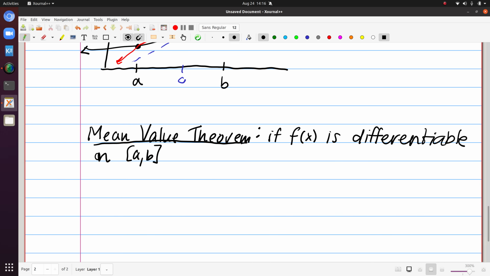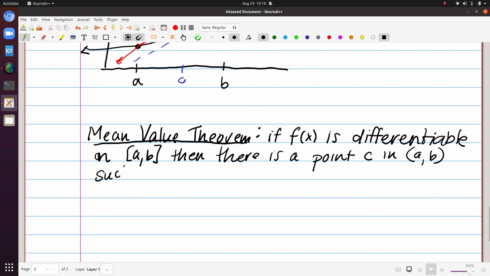So if f is differentiable on the interval from a to b, then there is a point c in the interval from a to b such that f prime of c is equal to f of b minus f of a, all divided by b minus a. So that's the statement of the mean value theorem.